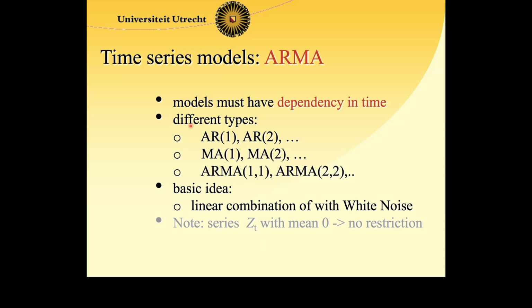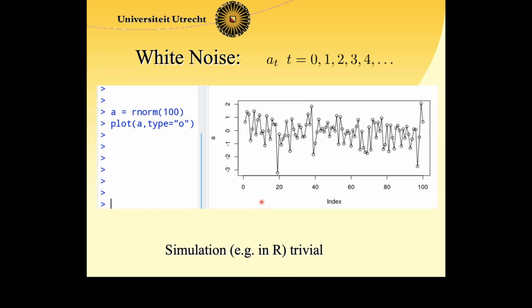The basic idea is that any of those models is nothing more than a linear combination of white noise. So we generate a time series of white noise, and we construct a certain linear combination of these white noises, and that generates a dependency in time.